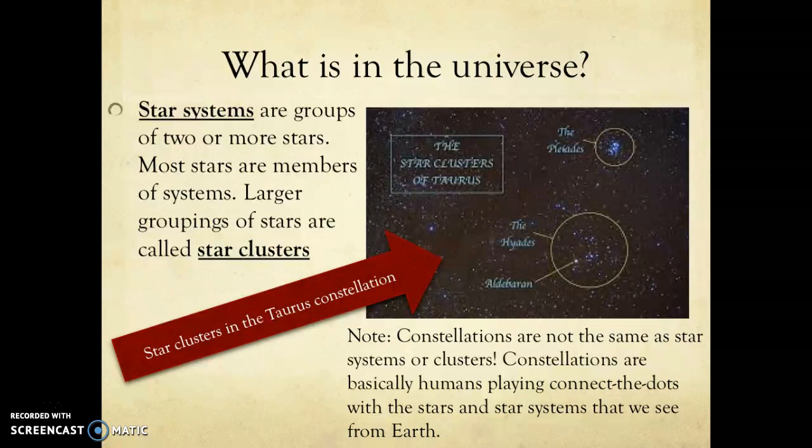That's all a constellation is. Most of those objects are very, very far apart, not even necessarily in the same cluster or the same star system. So a constellation is very different from a star system or a star cluster. And we'll talk more about that later.